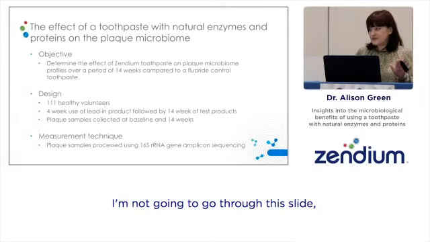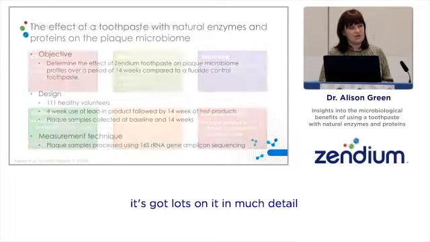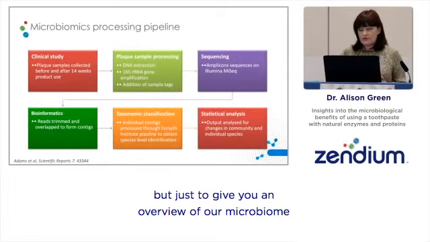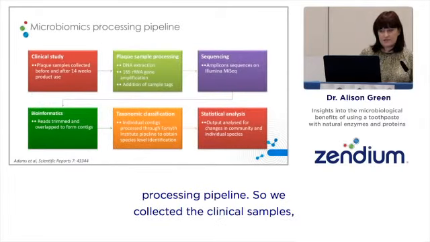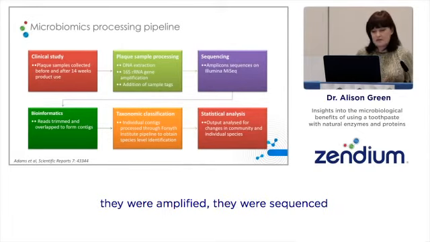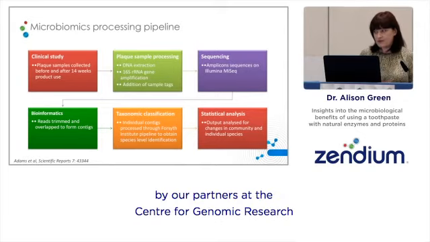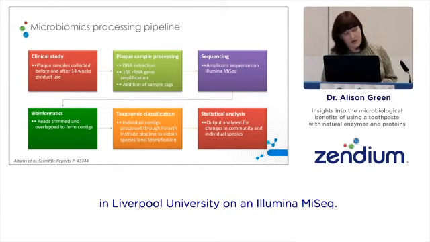So I'm not going to go through this slide, it's got lots on it, in much detail, but just to give you an overview of our microbiome processing pipeline. So we collected the clinical samples, they were amplified, they were sequenced by our partners at the Centre for Genomic Research in Liverpool University on an Illumina MiSeq.